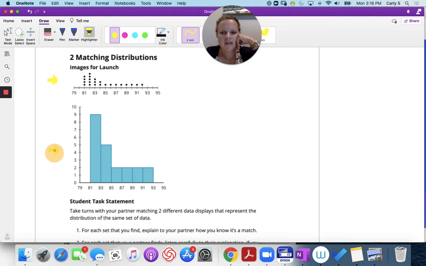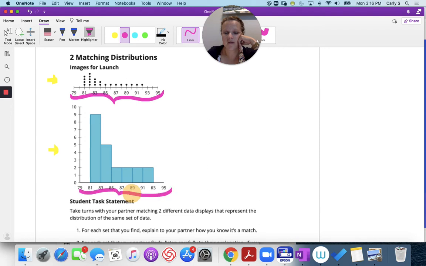All right, it looks to be the same data represented in different ways. I'll erase this highlighter in a minute. But if we look at this horizontal number line, 79 through 95, again, 79 through 95, this looks to be skewed, right?